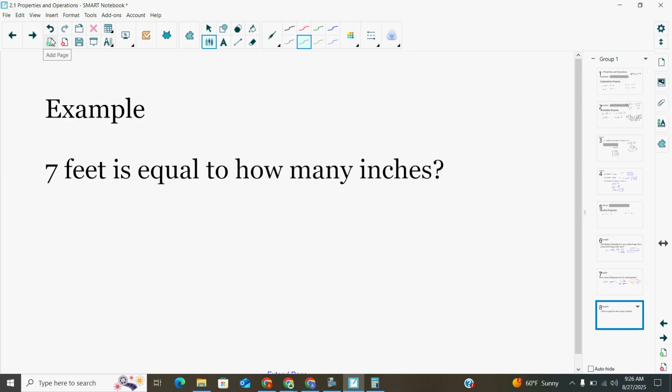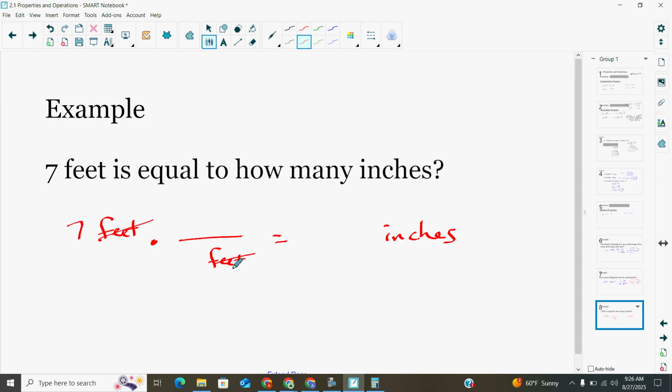One more, last one. 7 feet is equal to how many inches? So we have 7 feet. I want my final answer to be inches. Feet on top, feet should go on the bottom.